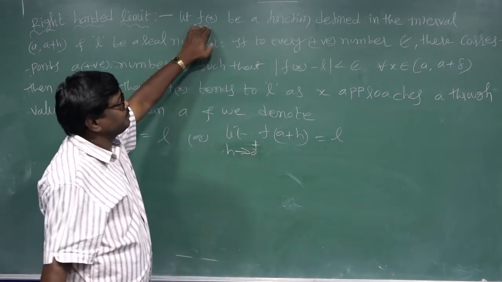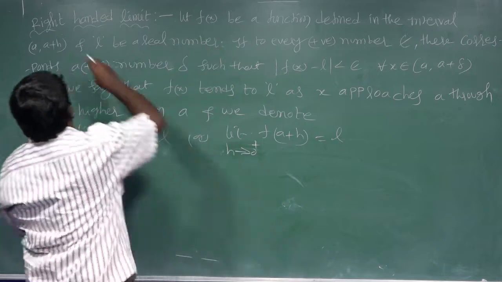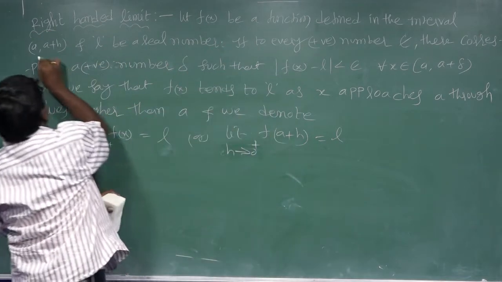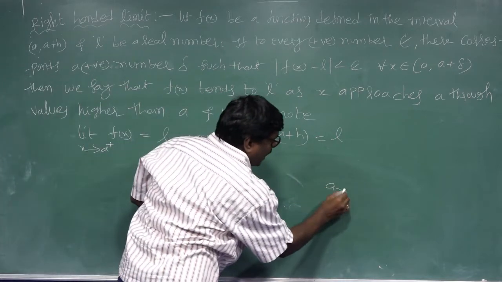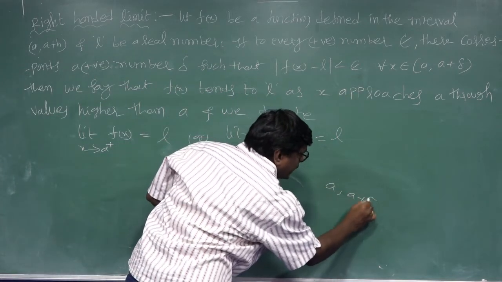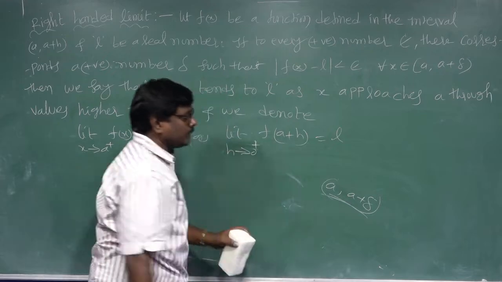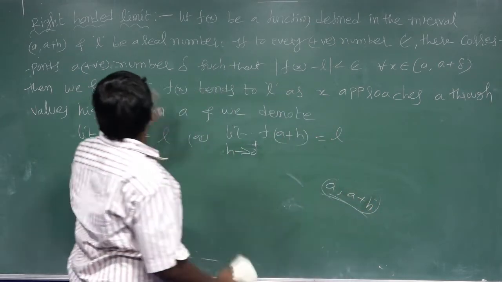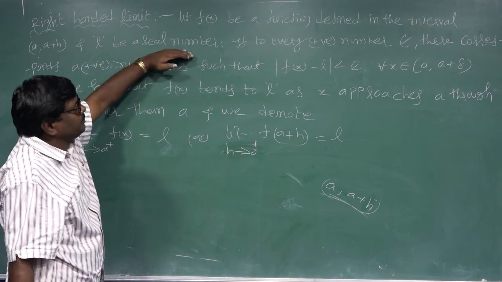For this function, the right hand limit, the interval is a neighborhood: A comma A plus delta. This is a right neighborhood. This delta is h. Let L be the real number.